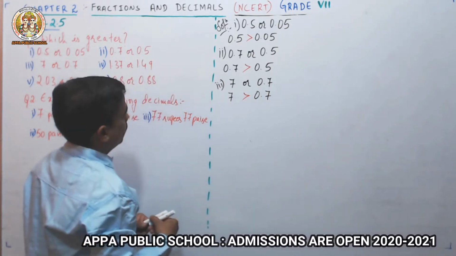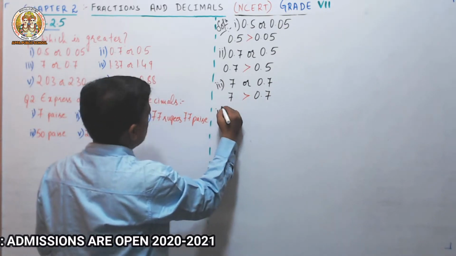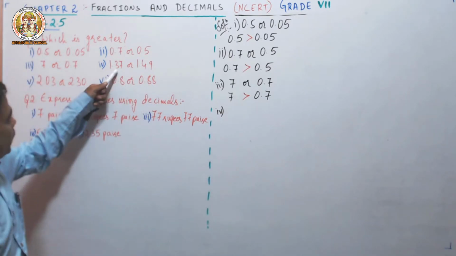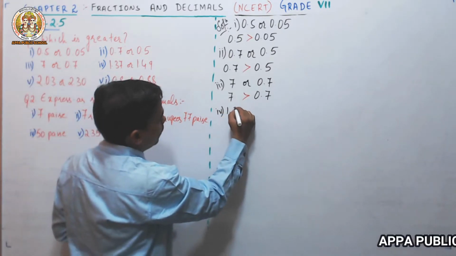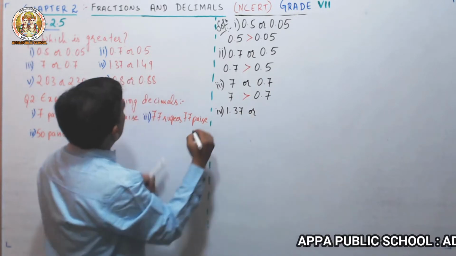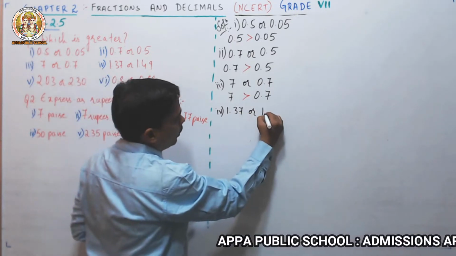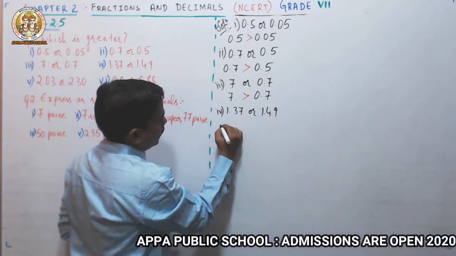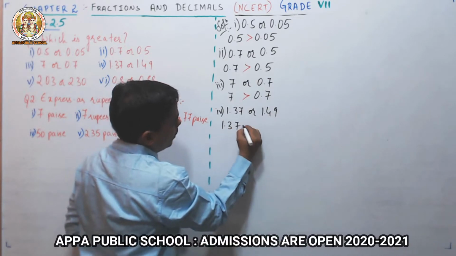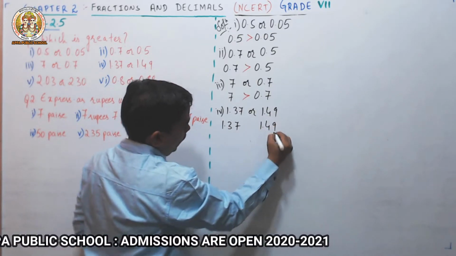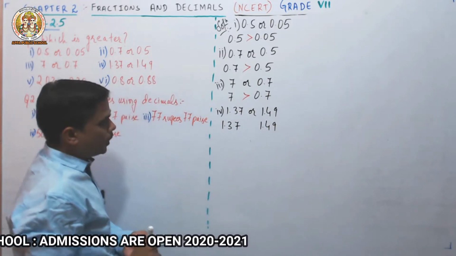Next, fourth bit. What is the fourth bit? The question is 1.37 or 1.49. You can compare the numbers.